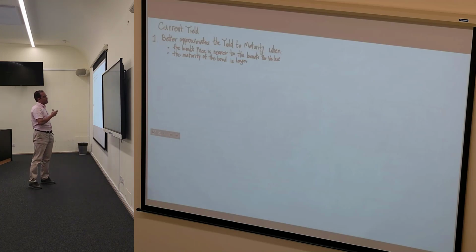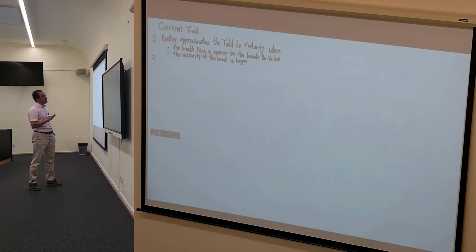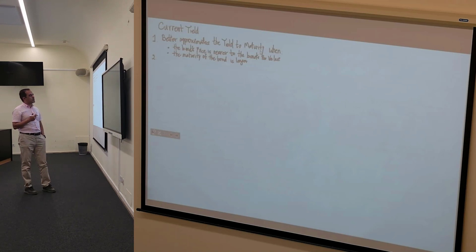And another concept that is important for the current yield is that a change in the current yield always signals a change in the yield to maturity. So maybe it's not a good approximation, but it is a good signal to be monitored to know about the direction of the yield to maturity.